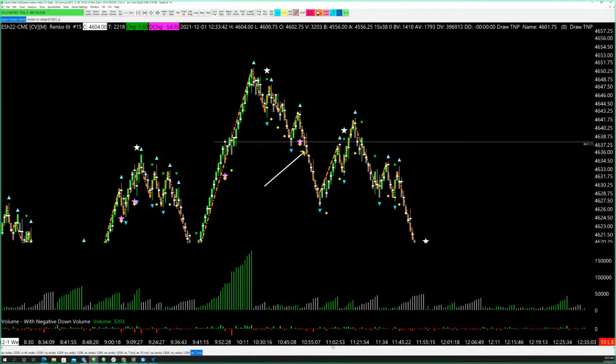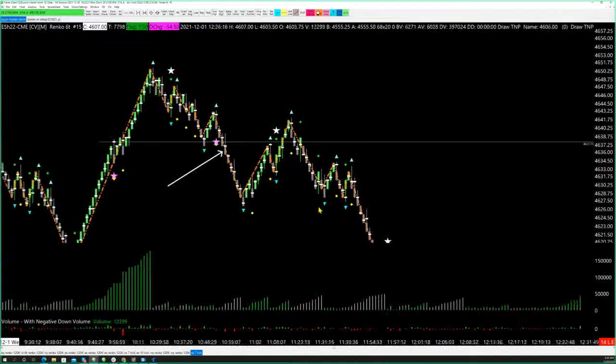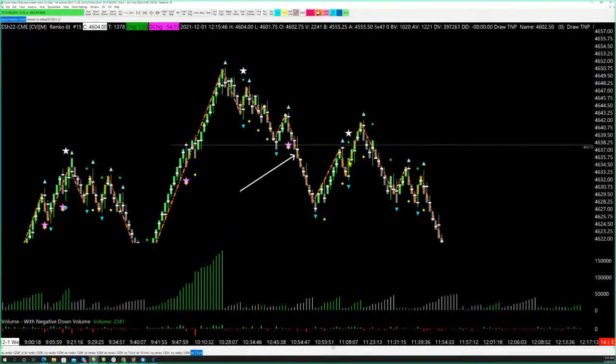Did that produce a nice rip? Indeed it did. So now you got to ask yourself, do I want to be long or short? Here's where the challenges come in. See this star that set up a long setup right there? Backside tested, produced the algo. It's a 1-bar stop. You're just stopped.